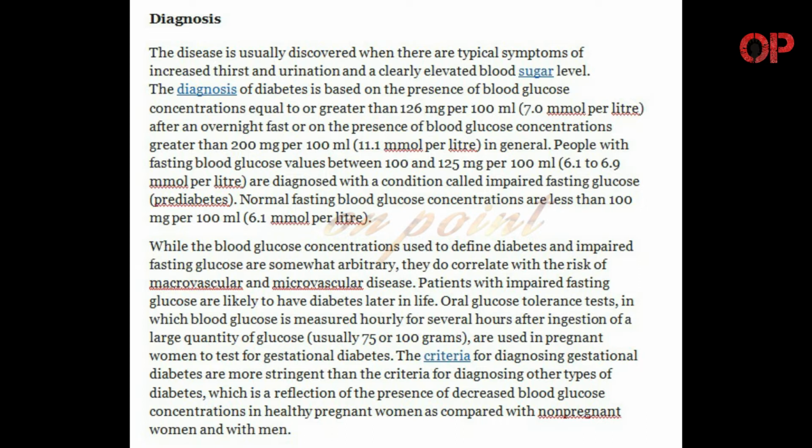While the blood glucose concentrations used to define diabetes and impaired fasting glucose are somewhat arbitrary, they do correlate with the risk of macrovascular and microvascular disease. Patients with impaired fasting glucose are likely to have diabetes later in life.